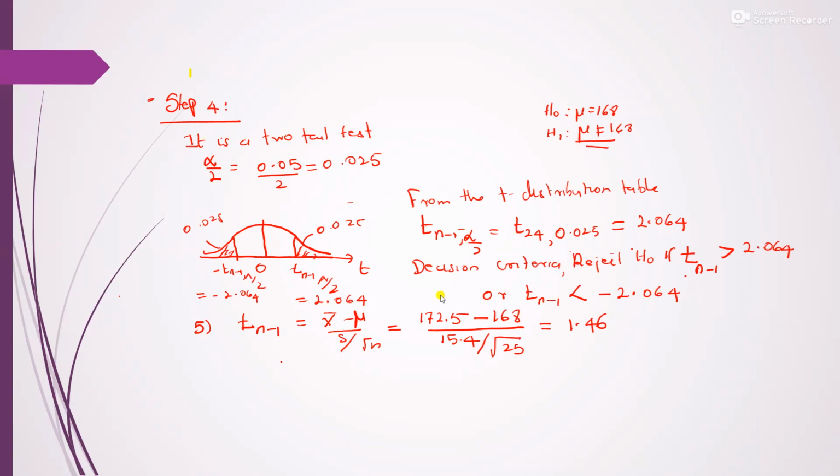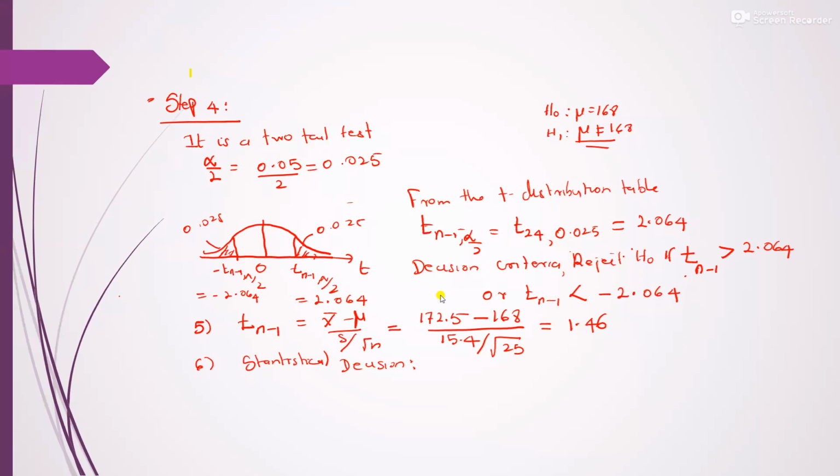Right? So then our decision. Now, the statistical decision. What will happen? This is 1.46. That is less than 2.064. So it will not be rejected, right?